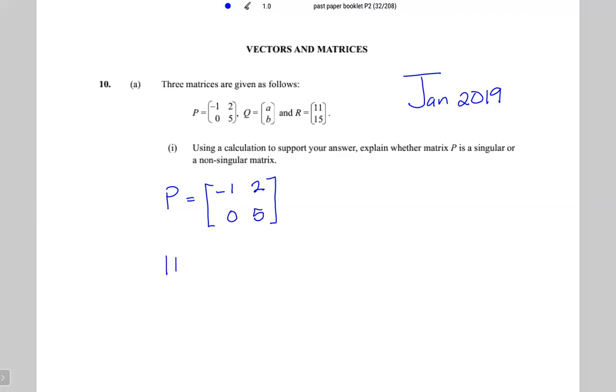The determinant of P would be equal to, so what you're going to do is multiply the leading diagonal elements. That is minus 1 and 5. So it's minus 1 times 5 minus 2 times 0. Now minus 1 times 5 is minus 5 and 2 times 0 is 0. So the answer is minus 5.